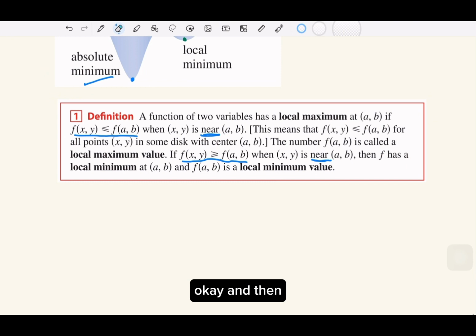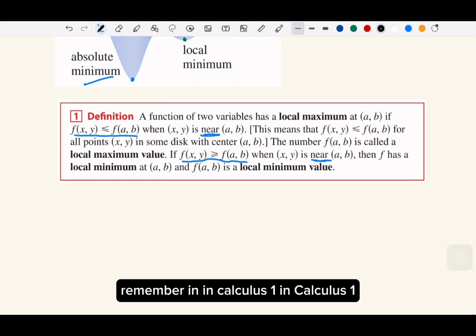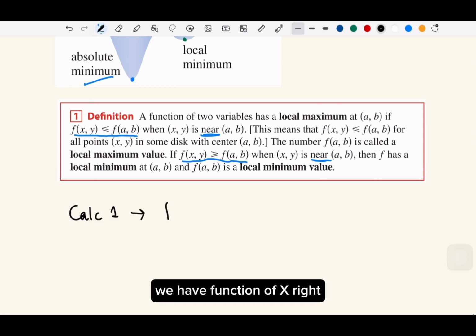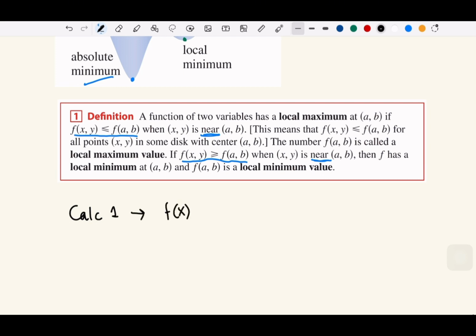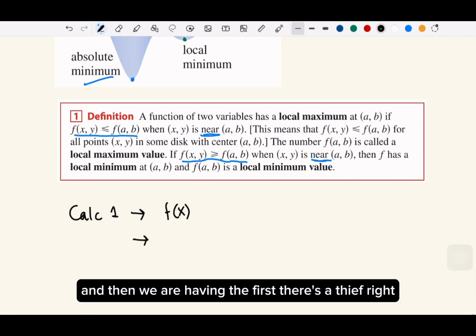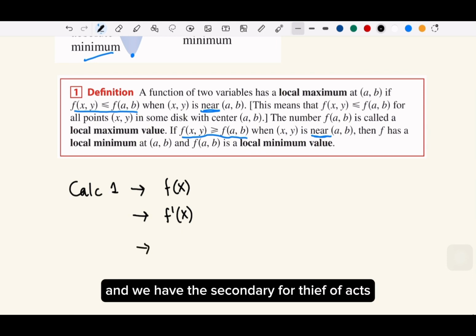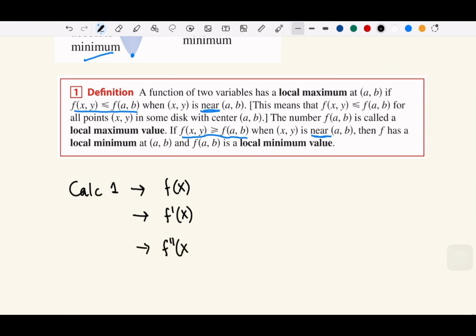Okay, and then remember in calculus 1, we have a function of x, right? And then we have the first derivative, right? And then we have the second derivative of x, right?